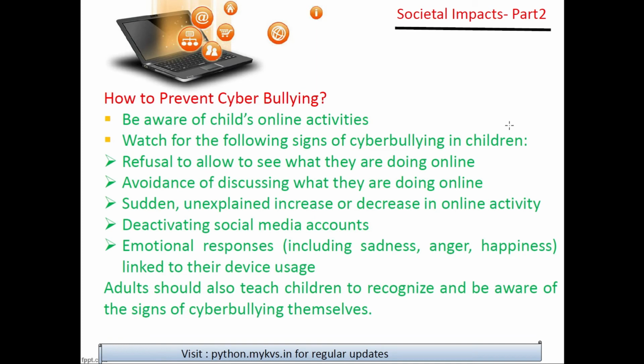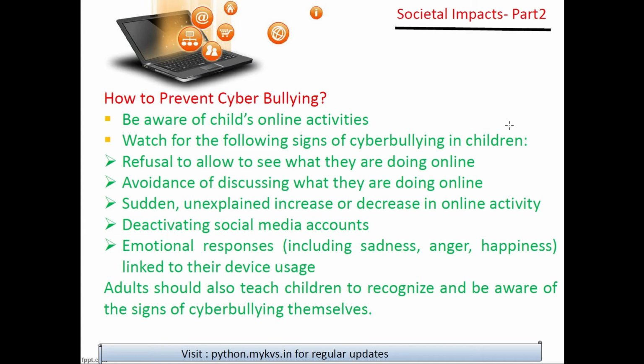So how to prevent cyberbullying? Beware of a child's online activities, or of any students or any persons, as this is not confined to the child only. Watch for the following signs of cyberbullying in children who are victimized by cyberbullying techniques.